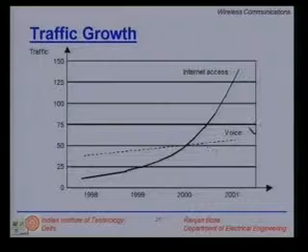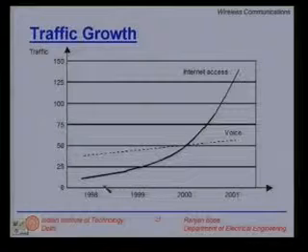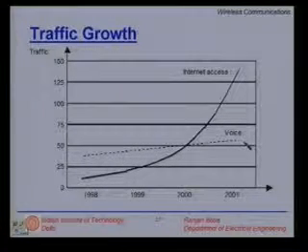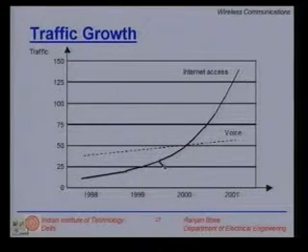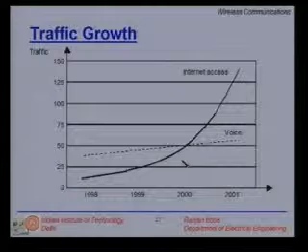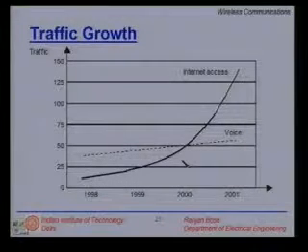This is traffic growth. This is instructive in the sense that I have plotted the voice growth pattern and the internet access, which is basically the data. One is growing linearly, the other one is exponential. Today, there is more data traffic than voice.